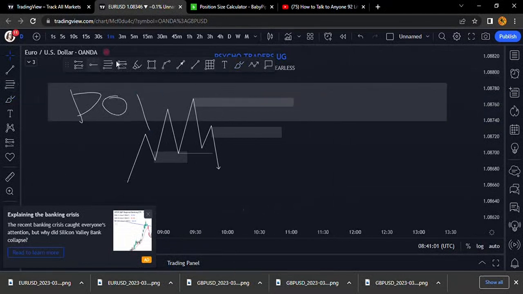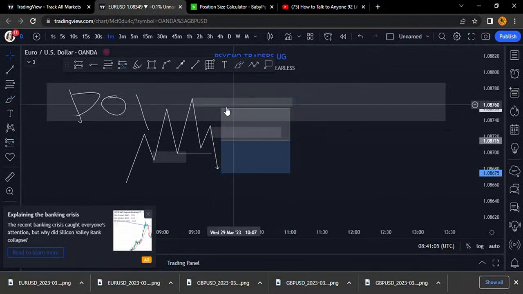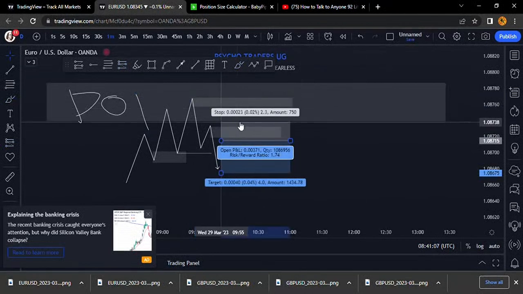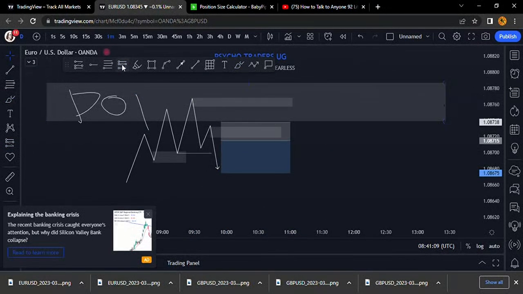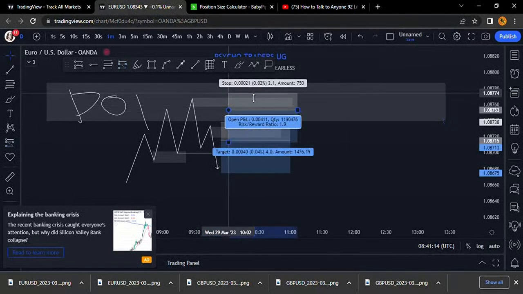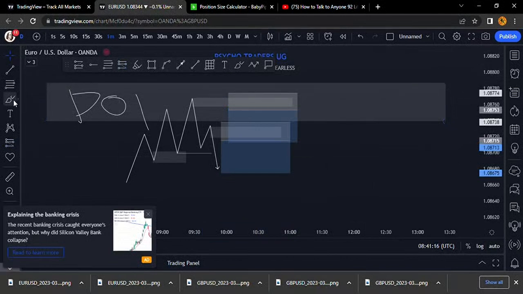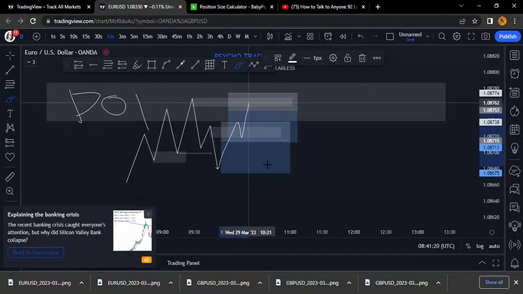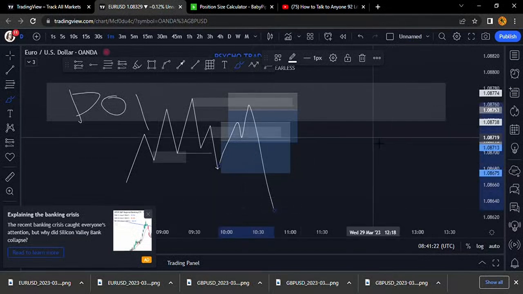All I tell my students to do is place 2 orders. This is the first one, and this one is the second one. Most of the times price may just liquidate this one and give you an opportunity here, and you continue the fun stuff.